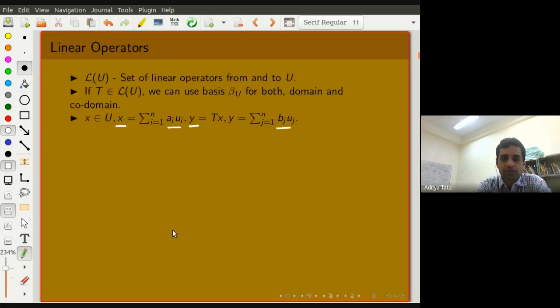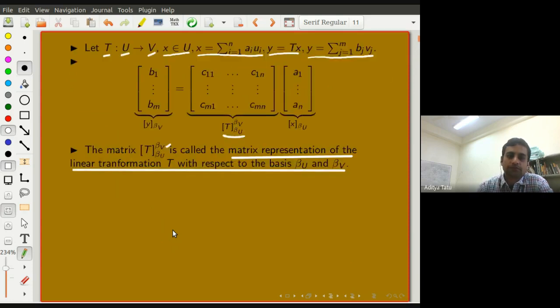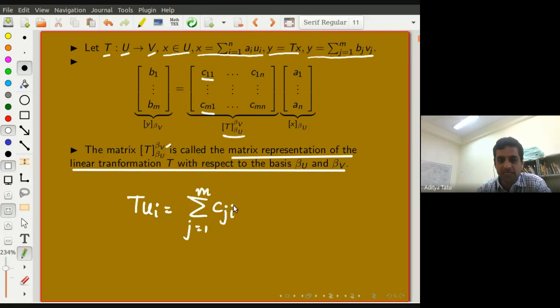So if you look at this, what is this first column? The relation is T U_i is summation over j from 1 to m, c_ji b_j. Okay, so j stands for the row index, i stands for the column index.